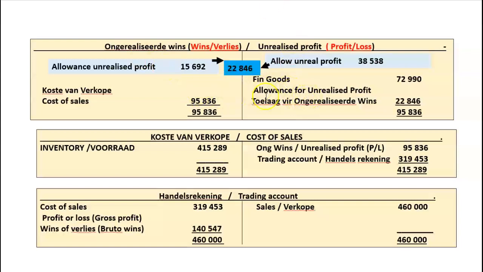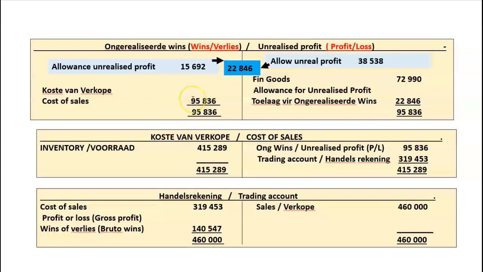This amount is the unrealized profit in opening inventory, the unrealized profit in goods manufactured for the year, less the unrealized profit in closing inventory. And what is it? Opening inventory, manufactured, minus closing inventory, cost of sales. So that balancing figure of 95,836 is our unrealized portion included in our cost of sales amount of 415,289.